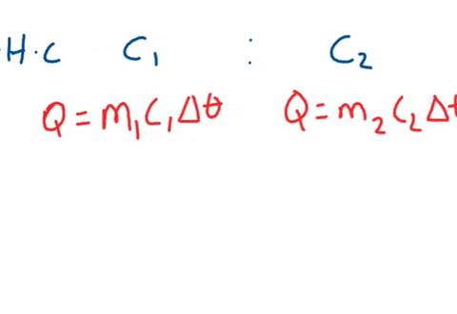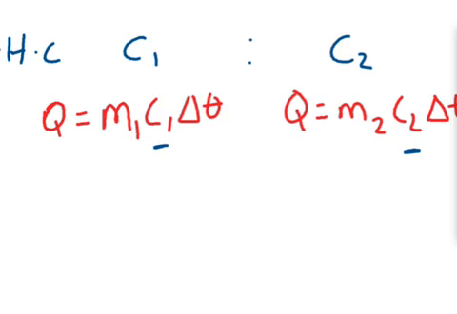So something good is happening here. Because we are required to find the ratio of C1 to C2. That's what we're asked to find, the ratio of the specific heat capacity of A to that of B, right? Now, how do we find the specific heat capacity of A, which is C1?